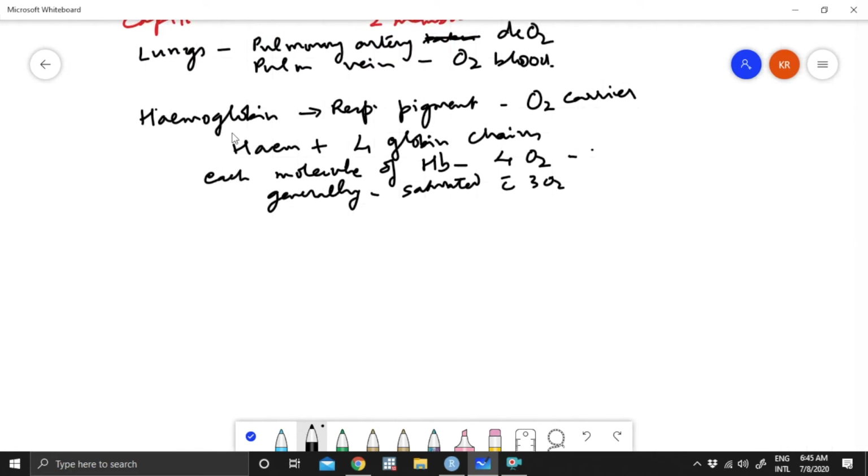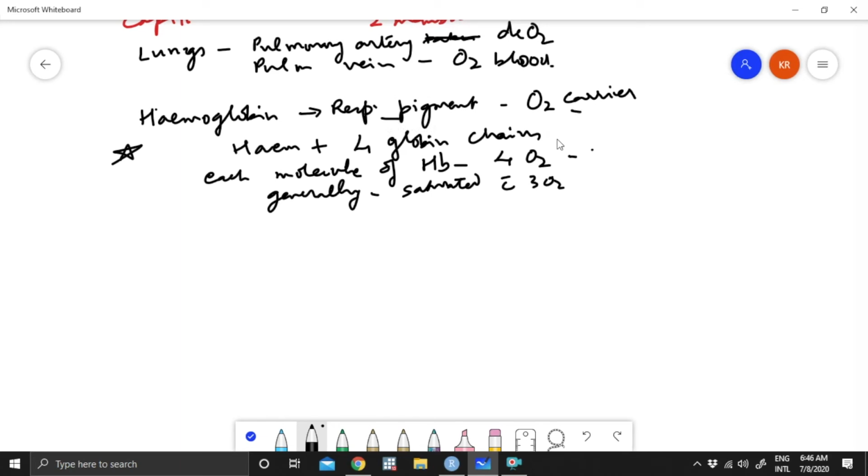And it is because of this hemoglobin that we are able to supply oxygen to all the different parts of the body from the lungs. So from the lungs, this hemoglobin is there, which is a very important molecule. It has a crucial role as a respiratory pigment, as a carrier for oxygen.